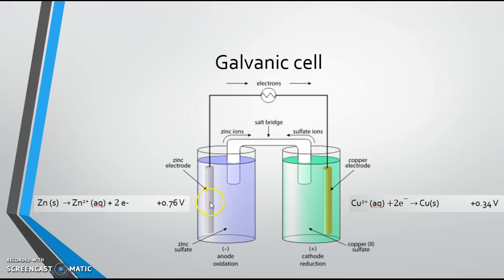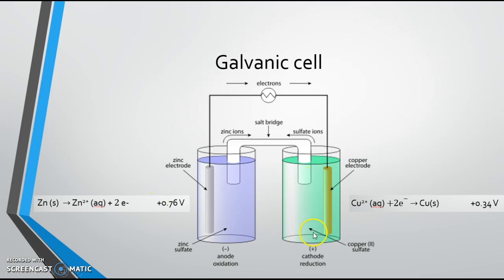If I put the zinc directly in the copper 2+ solution, like in that first reaction, that reactivity list, there's going to be a chemical reaction, and zinc will pass its electrons right on its surface, and copper 2+ will take the electrons and become copper solid. But then the electrons will not pass through a wire, and I'm not going to be able to use them to run a battery, to run an electrical device or use the moving electrons as electricity.